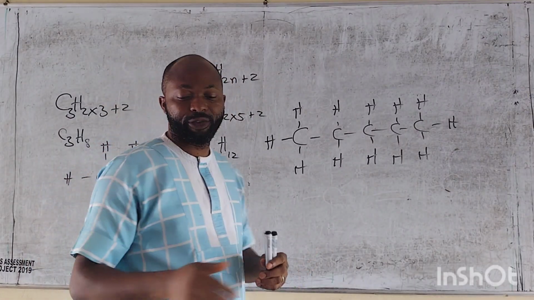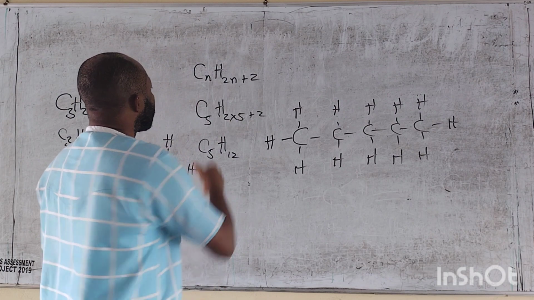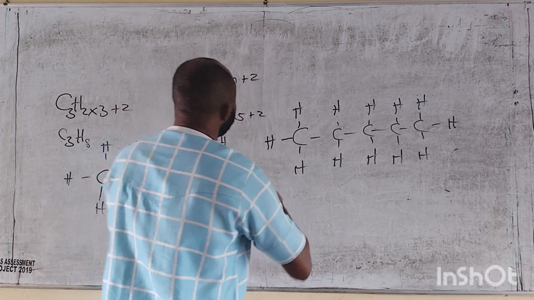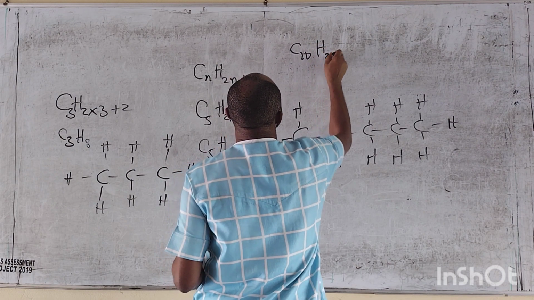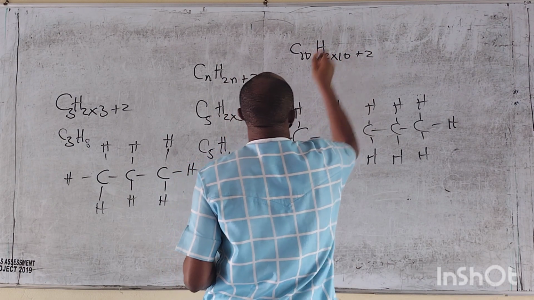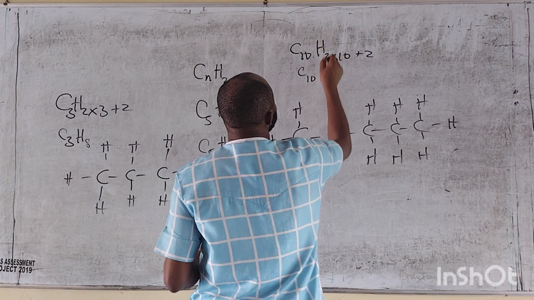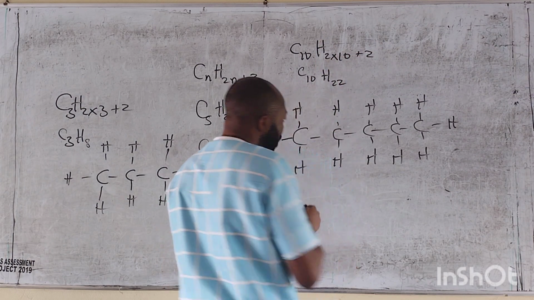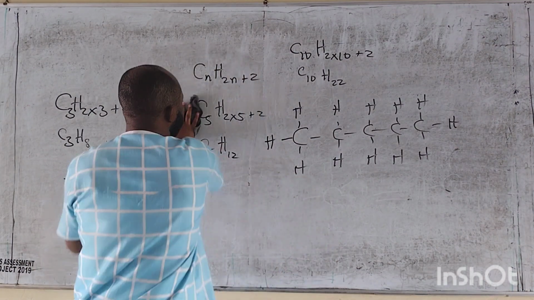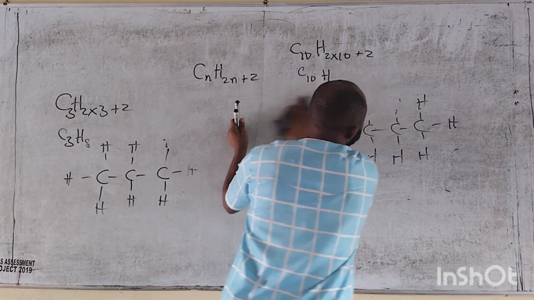Let's take the decane, for example, which is 10. So this says CnH2n+2. So this becomes C10 H(2 times 10 plus 2). C10, H2 times 10, 20 plus 2, 22. So the structural formula would therefore become this.